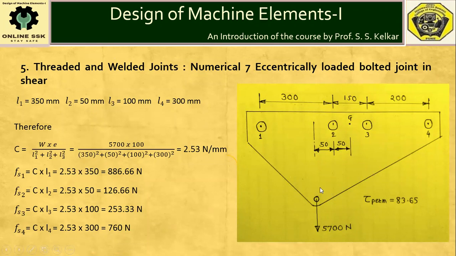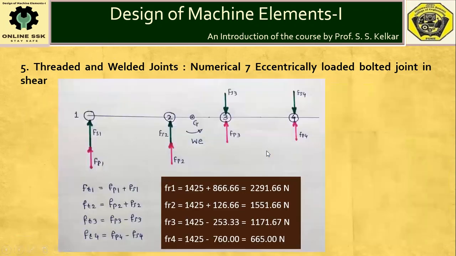But in this case, please note that the applied load will cause anti-clockwise rotation of the bracket. So secondary force has to be employed in such a way as to cause clockwise rotation of the bracket, opposite to the sense of rotation as caused by the external force.